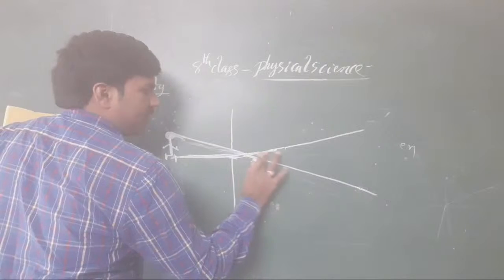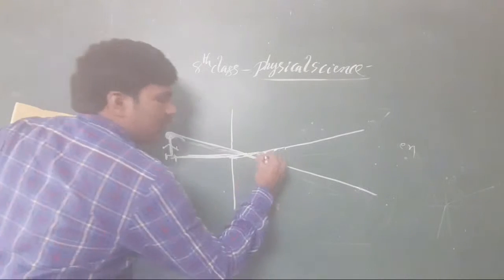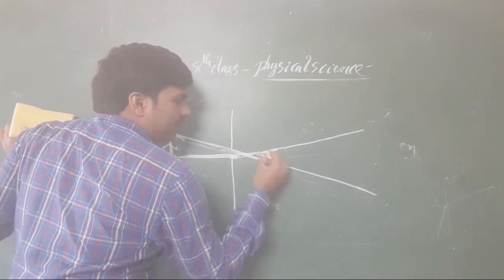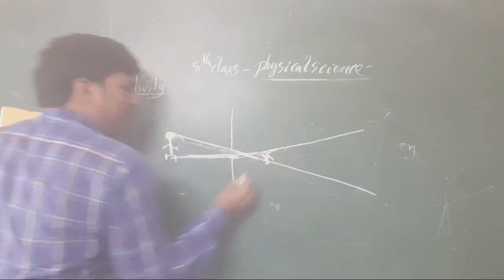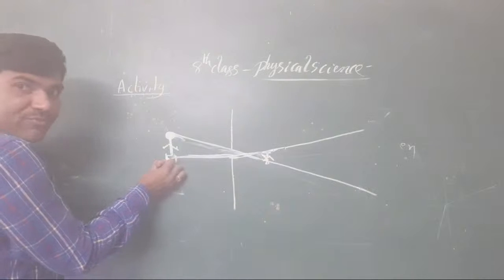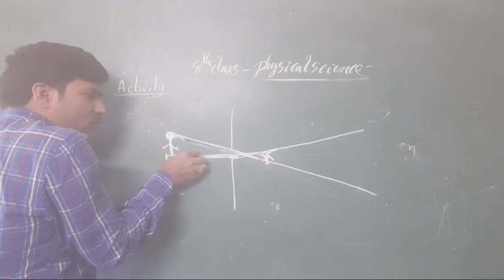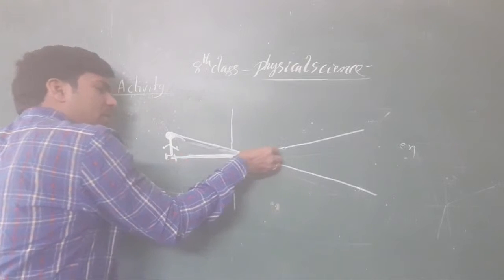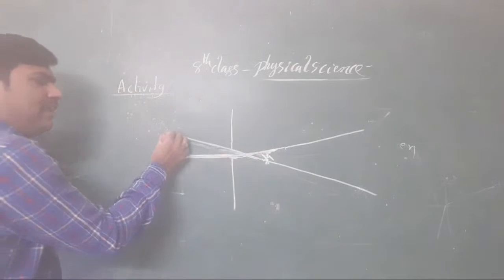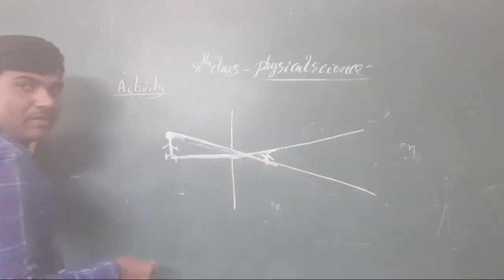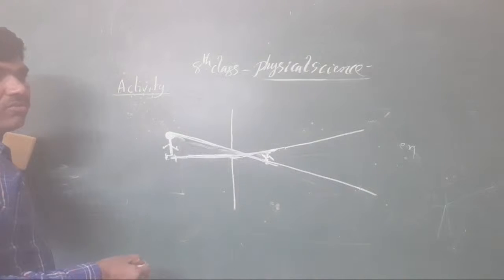The image is formed like this, in a small manner. Here it comes from the foot. This light ray takes the foot image only, and this light ray takes the head image only. Clear, all the students?